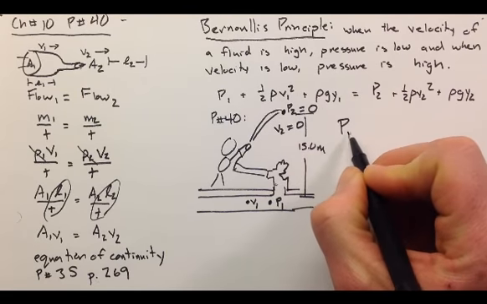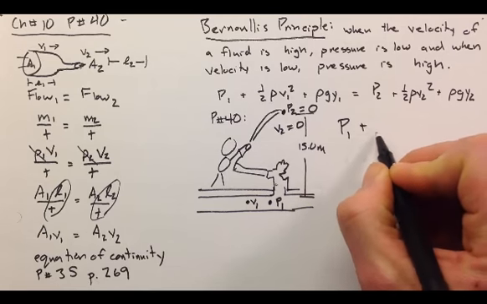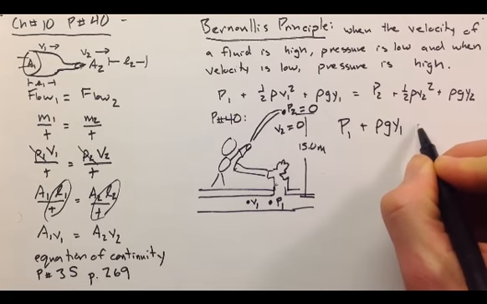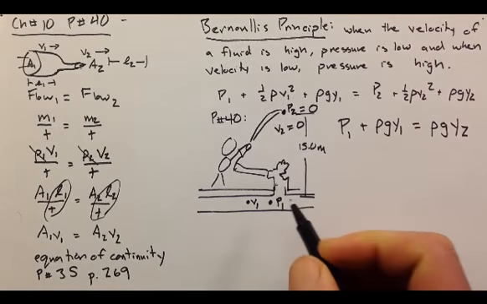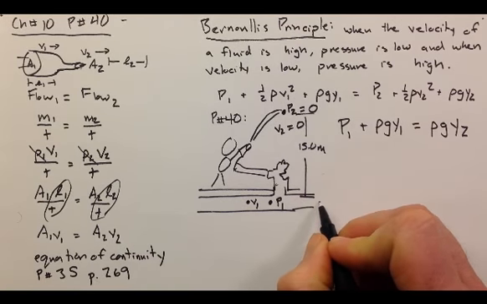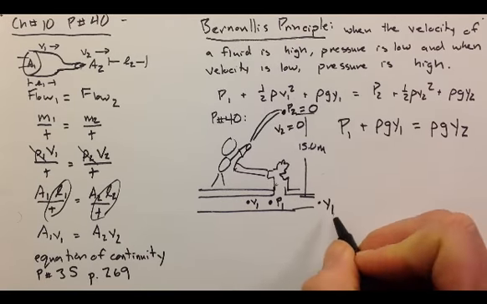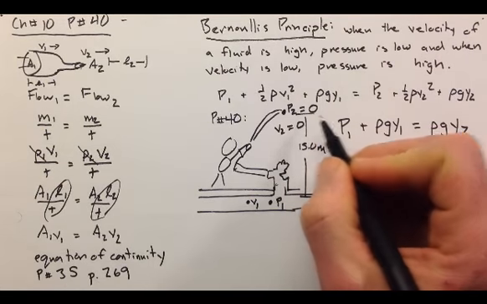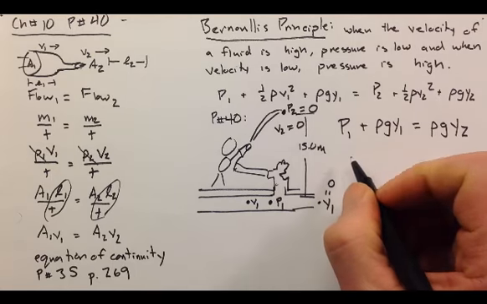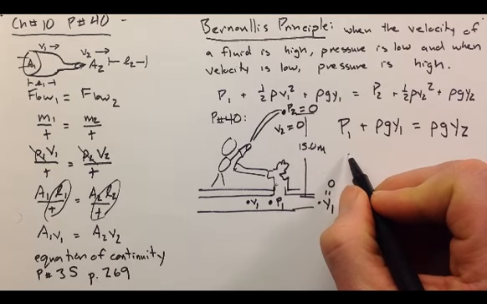So this can all break down into P1 plus rho g y1 equals rho g y2, okay? Where y1 is the height down here, which we can assume is 0, and y2 is our height up here, which we can assume is 15 meters.